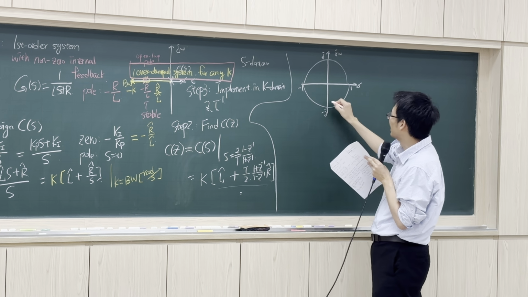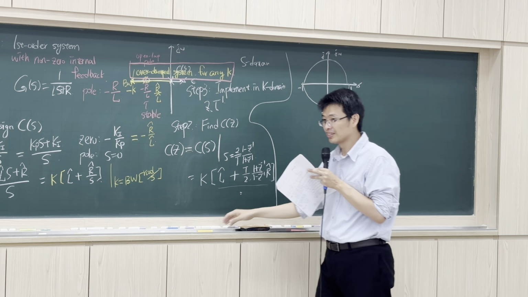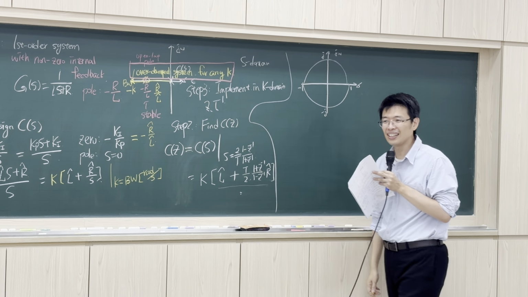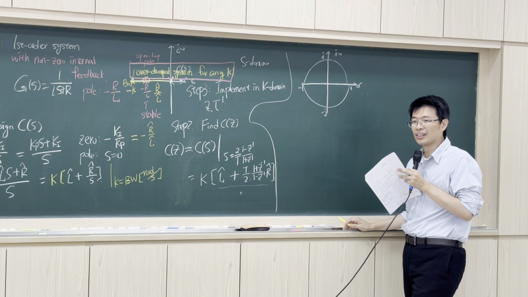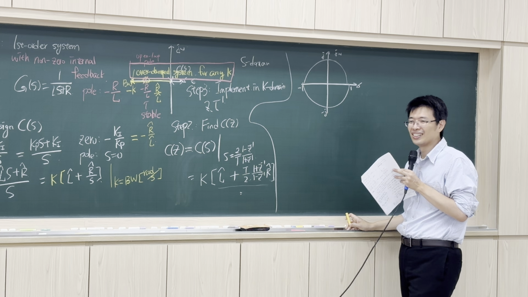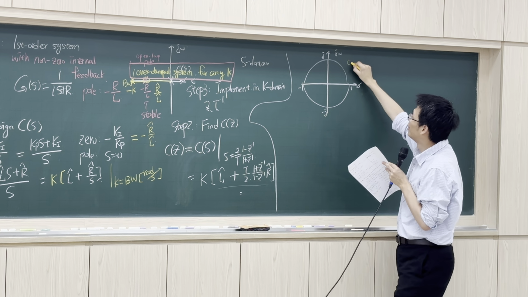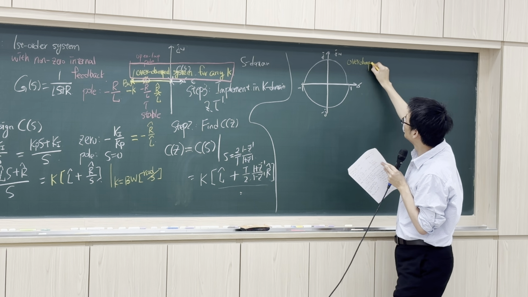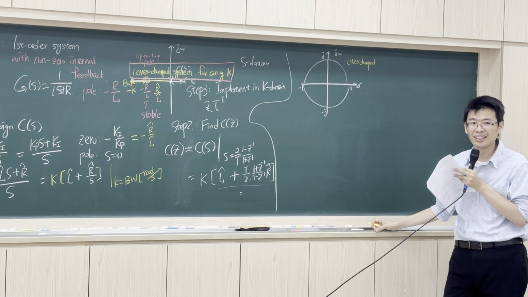More importantly, for an overdamped system in discrete time, in which region should our closed loop controller pole be located?